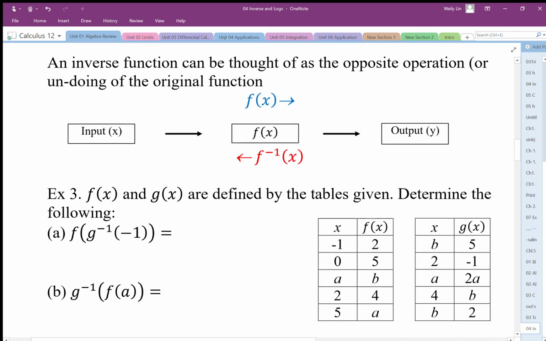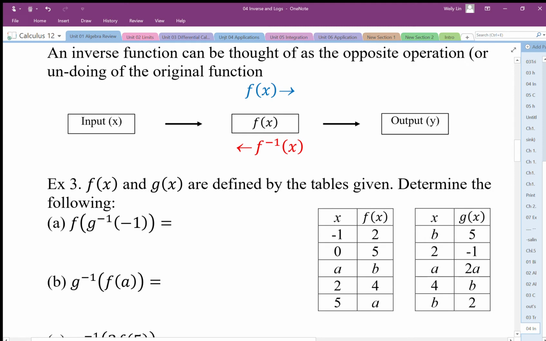So how do I do inverse on tables? If I start with g of -1, that means my output is -1, and the inverse is going to find the input. So basically, I'm going in this direction.